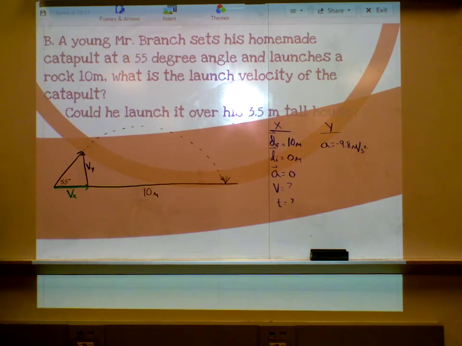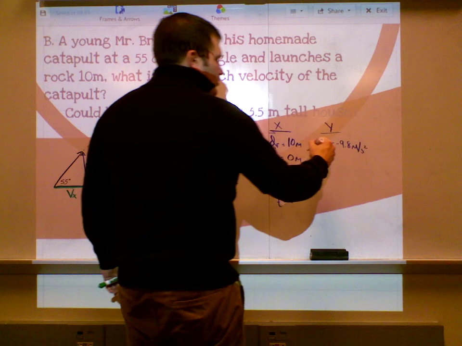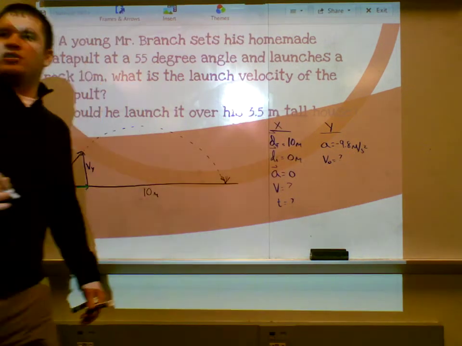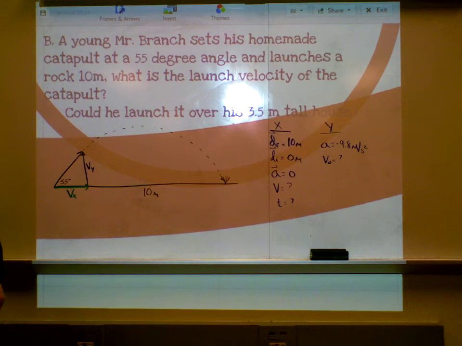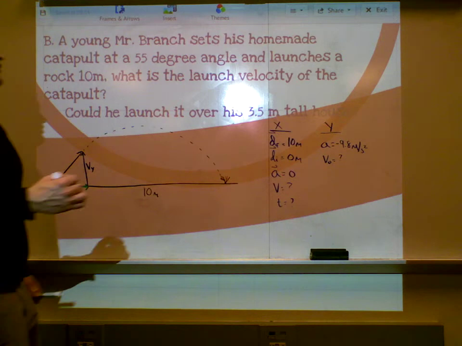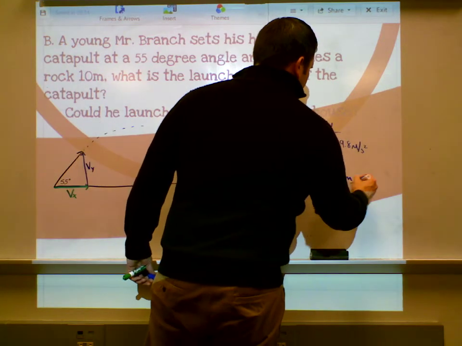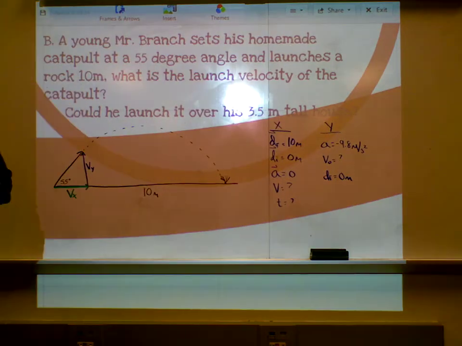Do we know initial velocity? No. Is there anything else we know? Distance final is 0. V final is 0, right? What else do we know?